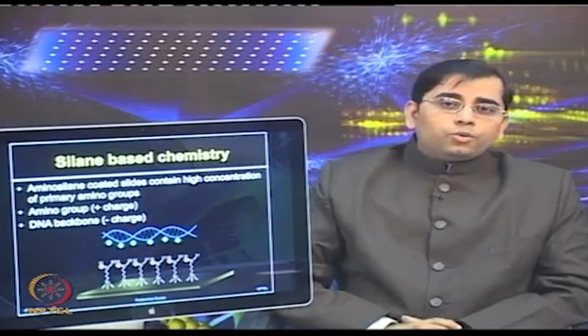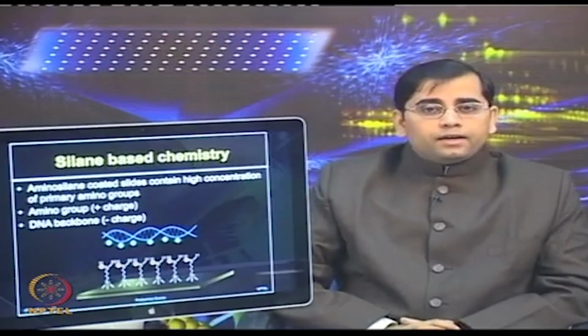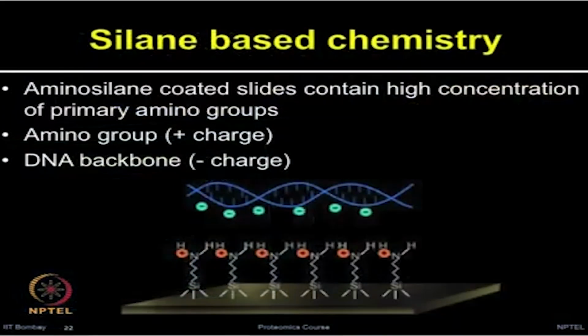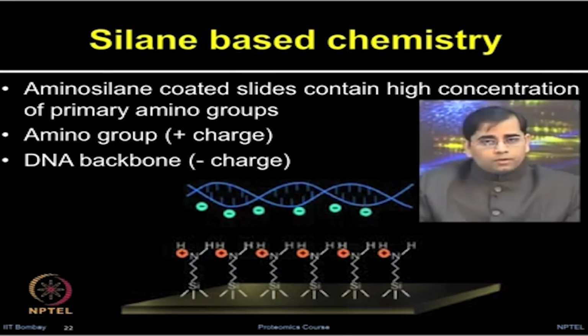So, aminosilane coated slides provide a high concentration of primary amino groups available at the chip surface. Now, why do we need to use this chemistry? So, amino group provides the positive charge, and how will that help? When placed in contact with the neutral aqueous solution, the groups become positively charged.